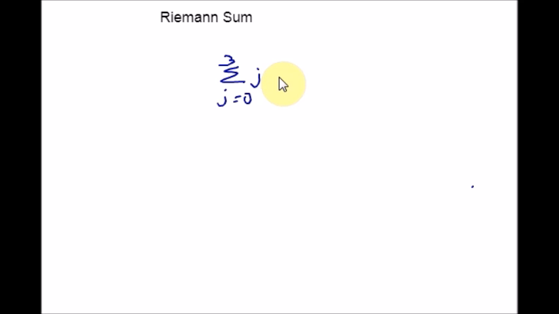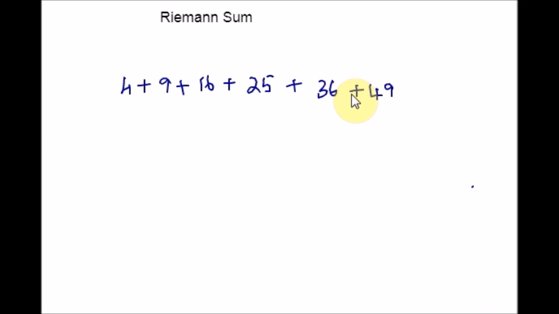As another example, please look at this expression. We can also write this sum in the first notation that I have shown you. 4 plus 9 plus 16, 25, 36, 49. Please look at all these numbers. These are perfect squares.